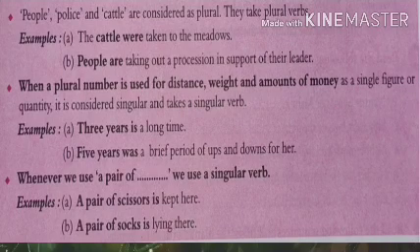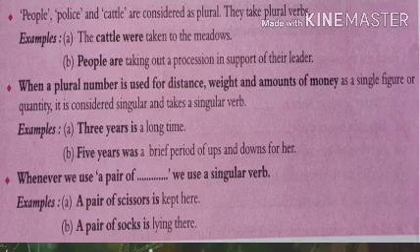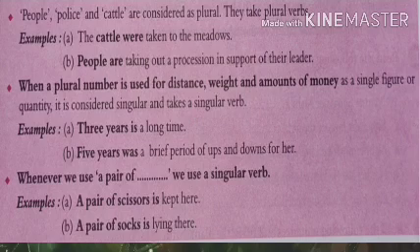When a plural number is used for distance, weight, and amounts of money as a single figure or quantity, it is considered singular and takes a singular verb. For example, 3 years is a long time. 5 years was a brief period of ups and downs for her.